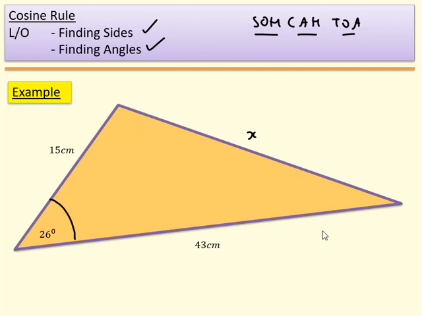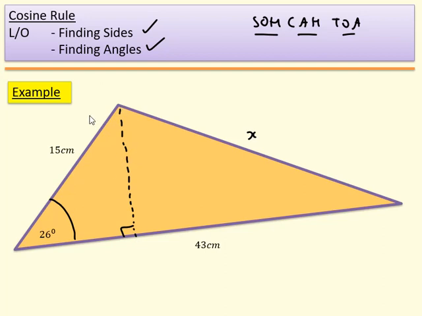Even though this isn't a right angle triangle, what I could do is work out that missing side using SOHCAHTOA and some basic Pythagoras. I can draw a line from this corner straight down, in such a way that it makes a right angle here, because you can always do that. So I have a right angle triangle here.